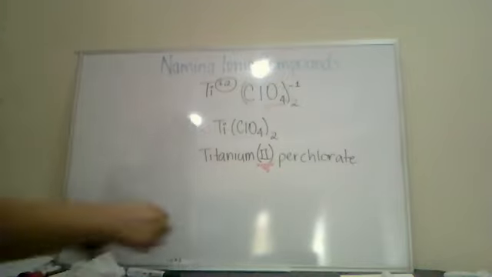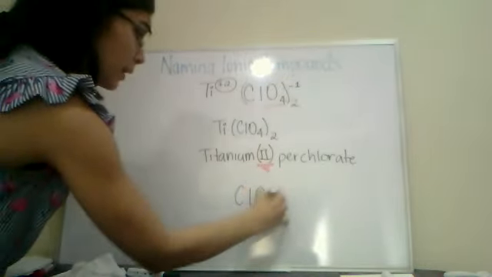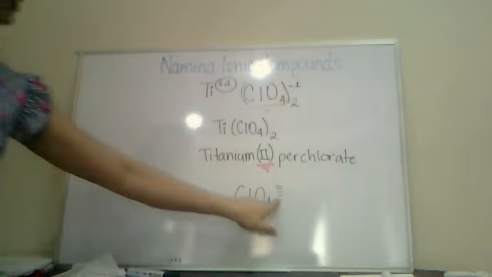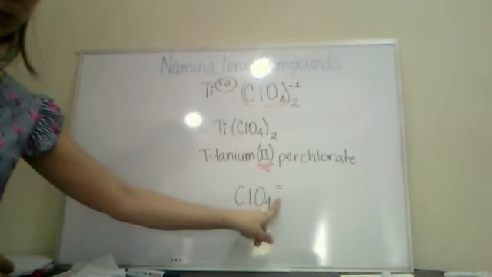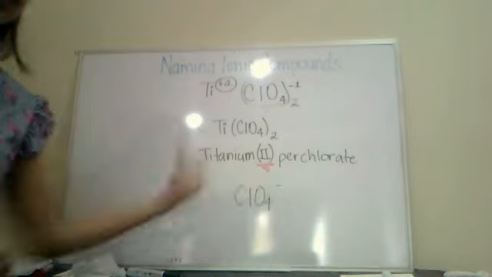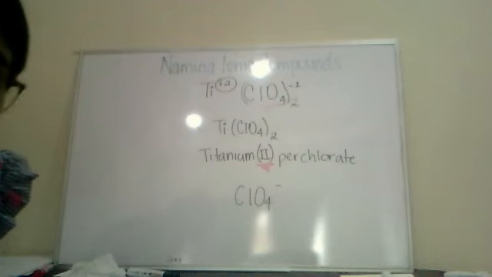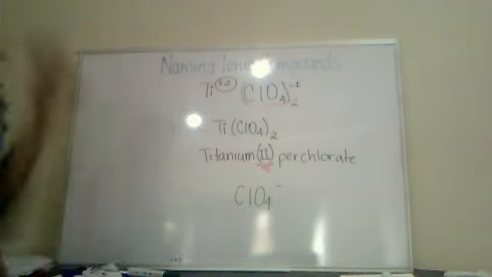Sometimes you're just going to have the element like that, and sometimes you just see 4 lines. So you count the lines and there you know that's -4, or if you only have 2, it's -2, or sometimes just 1, it's -1. It's on the back part of the periodic table, and if not, you find it in your book. I'll take a picture and send it to you so that you have it when you make the practice.